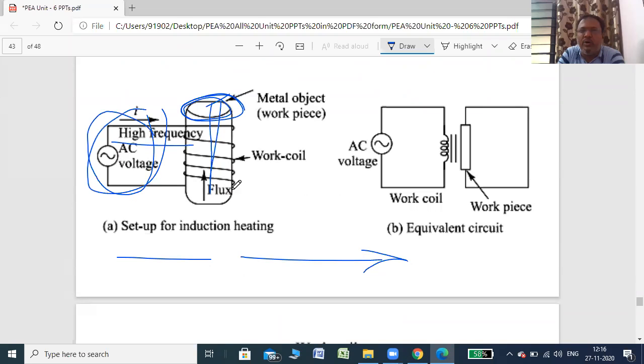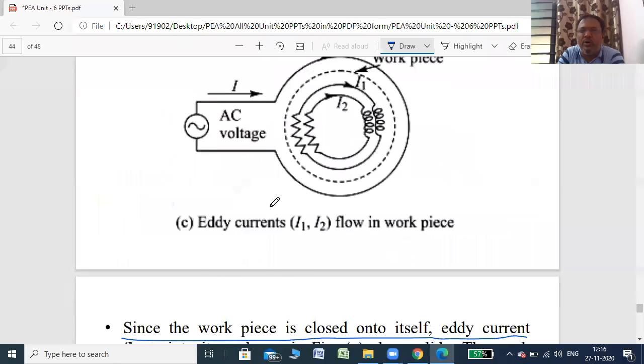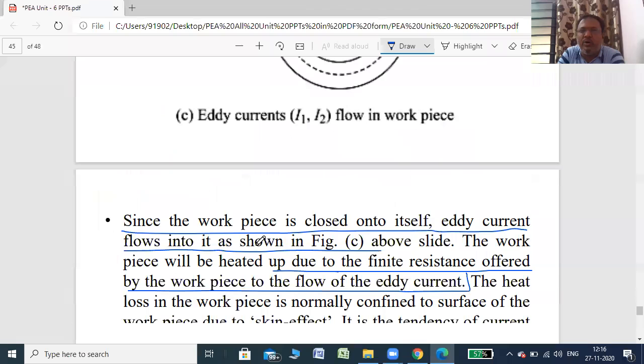So if you decrease the frequency, the flux produced in this coil decreases, automatically the metal piece decreases its heating, so automatically eddy current decreases. As eddy current decreases, the workpiece is not heated up to that value, right? So by simply changing the frequency, we can control the heating of the workpiece, right?